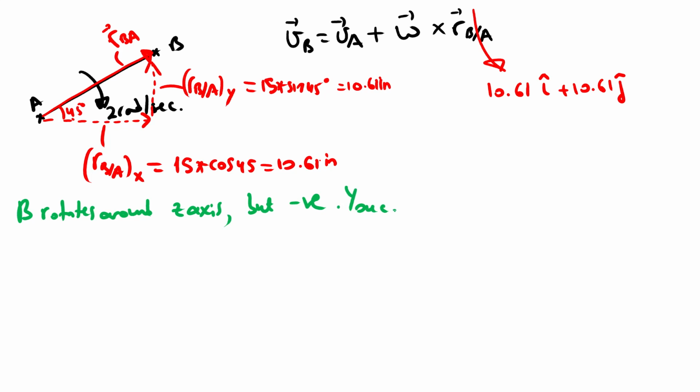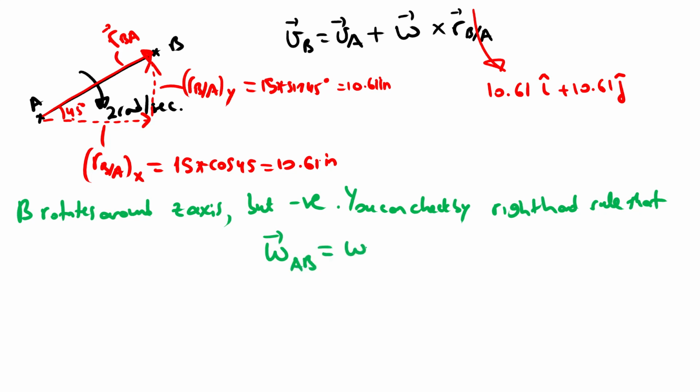You can check by cross product, or let me just tell it as the right hand rule, that the omega of AB is negative 2k. Negative 2 because it is negative in k direction.